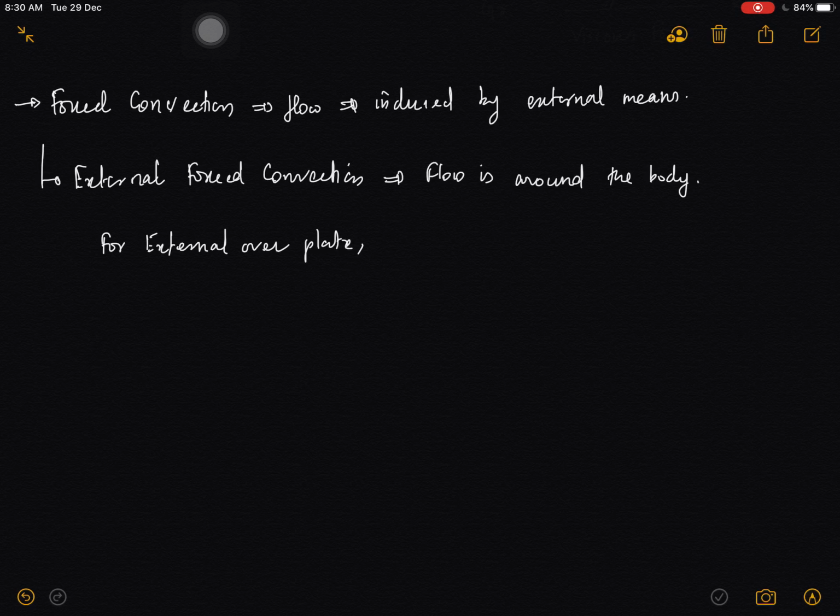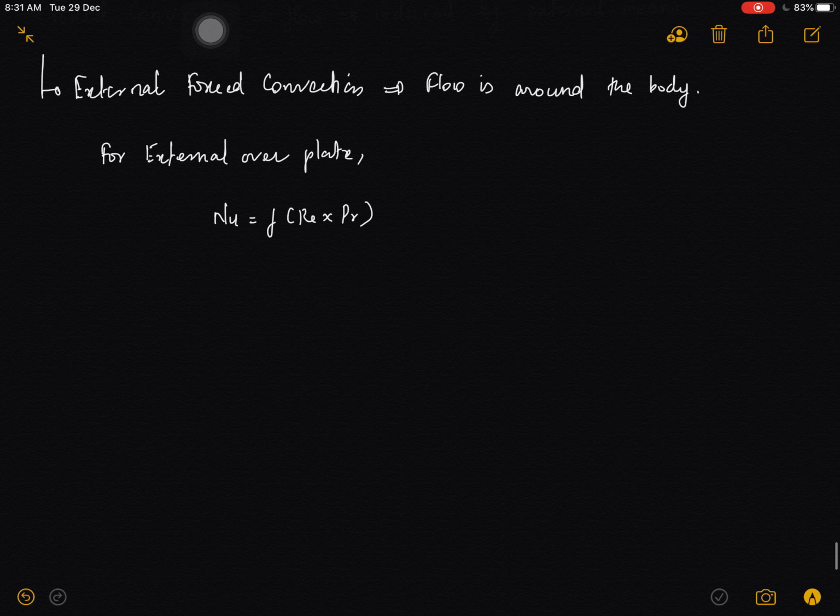over a plate, we can determine the Nusselt number, which is a function of Reynolds number and Prandtl number. This Reynolds number is a dimensionless quantity which is a function of the distance; say this is the plate and this is the flow that is occurring.